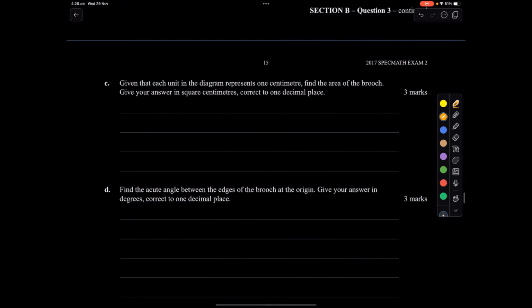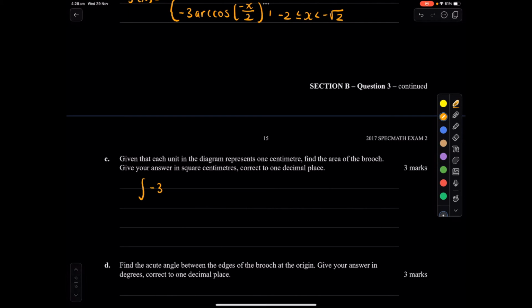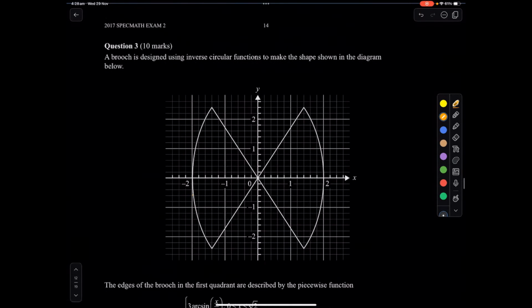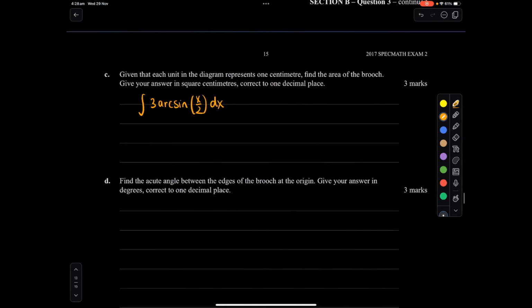So it'll be the area, so the integral of negative 3 arc sine of x over... Oh, no, not negative, sorry. The original function, so 3 arc sine x over 2 dx, and we're taking it from 0 to root 2.